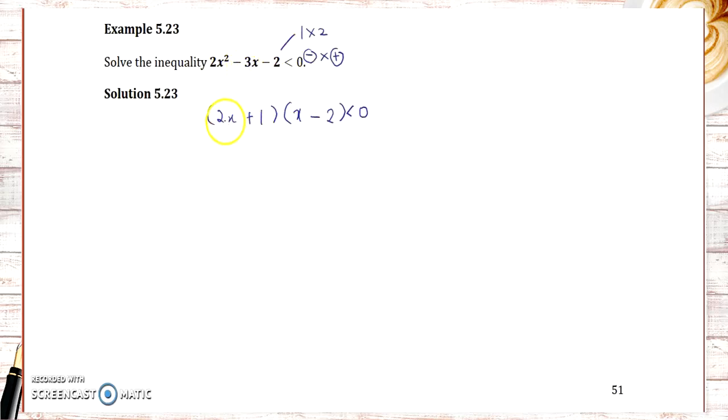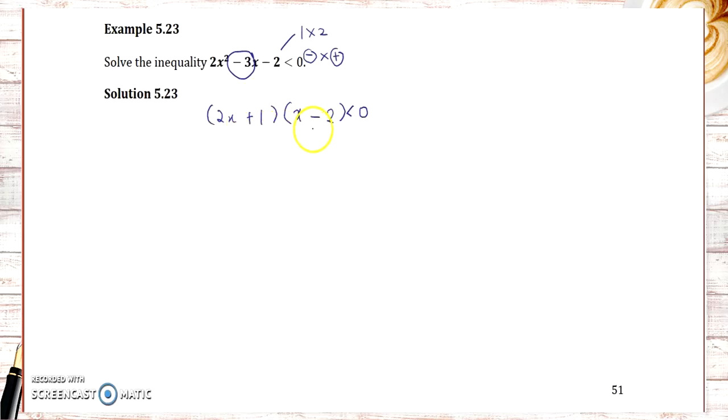So we have 2x times negative 2, which is negative 4x, and then plus x. So negative 4x plus x gives us negative 3x. Therefore, we have chosen the correct numbers to put in each bracket.